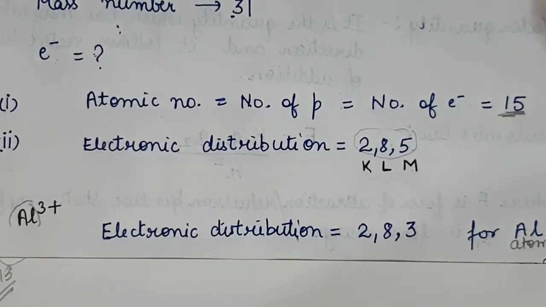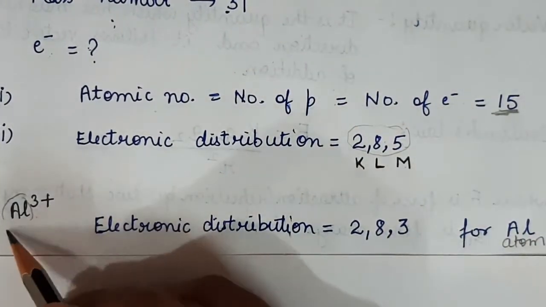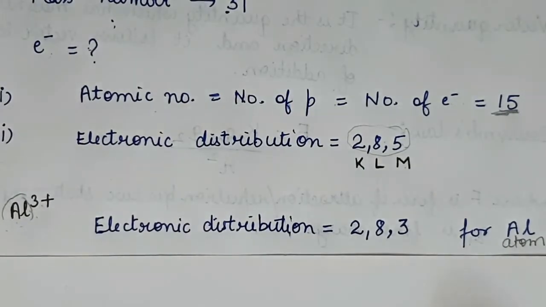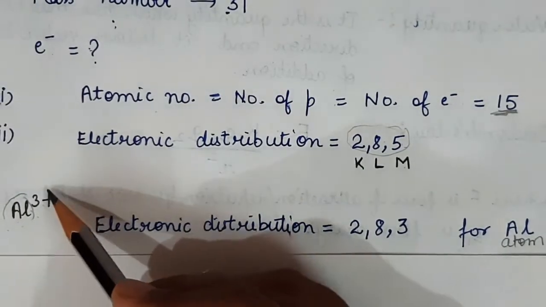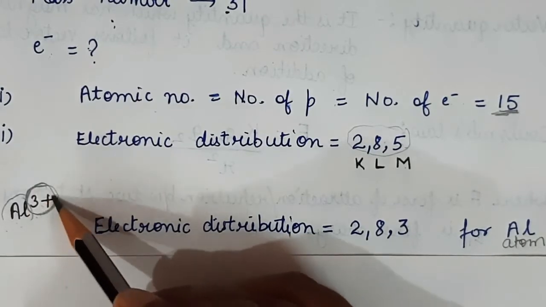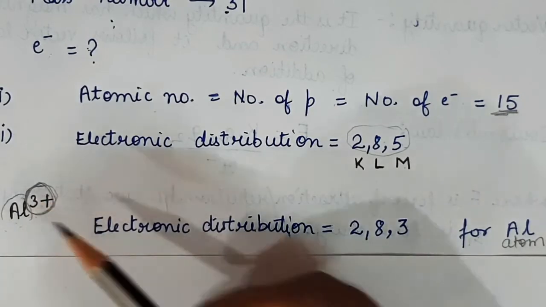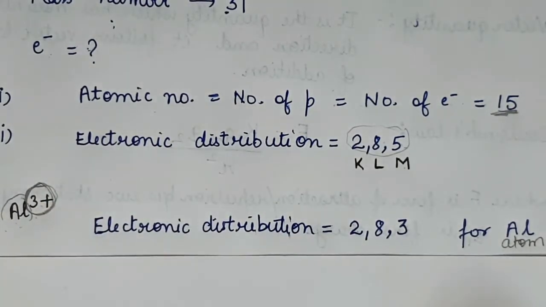Now you have to write the electronic distribution of aluminium ion, means Al 3 positive. What does it mean? 3 plus. It means 3 electrons are lost.